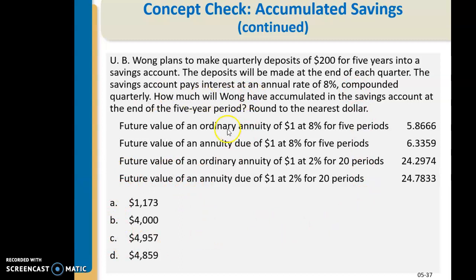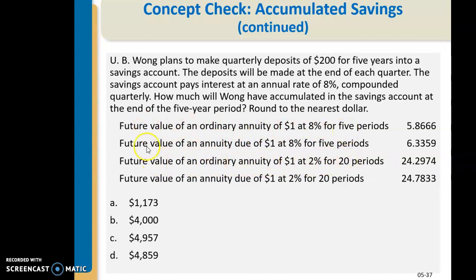Well, this problem is exactly the same as the problem presented in the previous slide, except that Wong will make deposits at the end of each quarter instead of at the beginning of each quarter. So the problem is a future value of an annuity problem, not a future value of an annuity due problem. So the answer should be future value of an ordinary annuity, or this one.